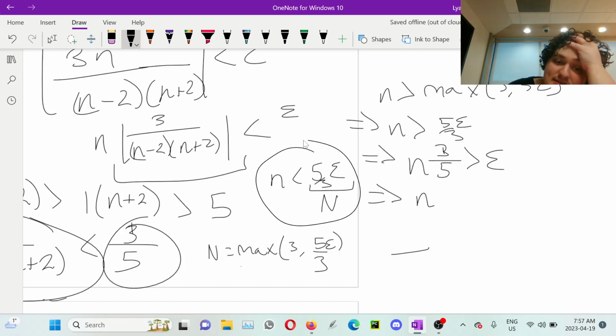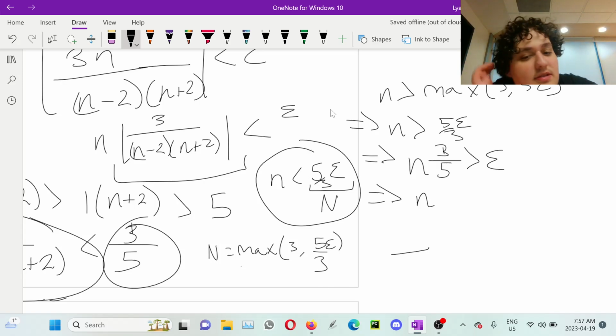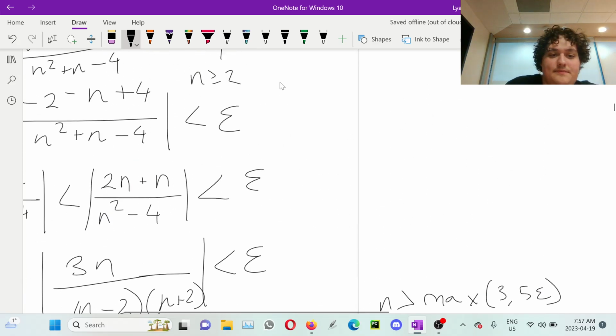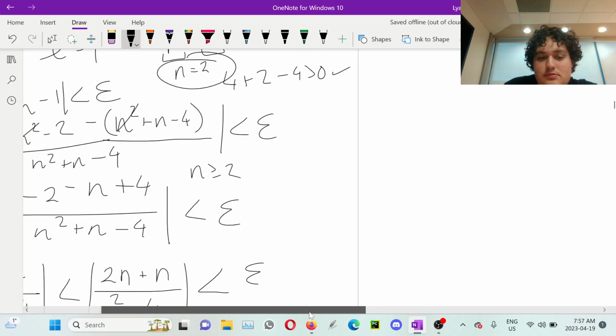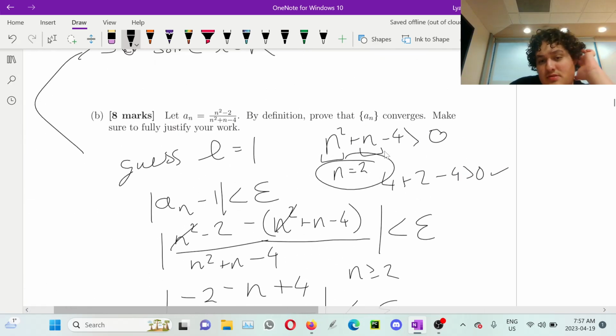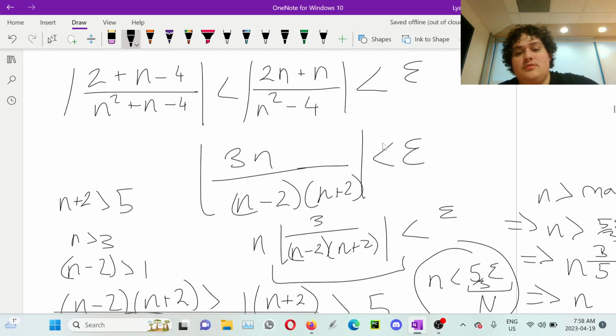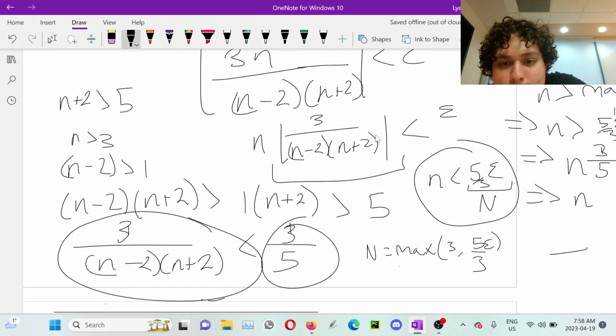I have n less than this, but I need n bigger than something. That's the problem. I see. That's interesting. We need to make sure that if n is bigger than something, this is true.